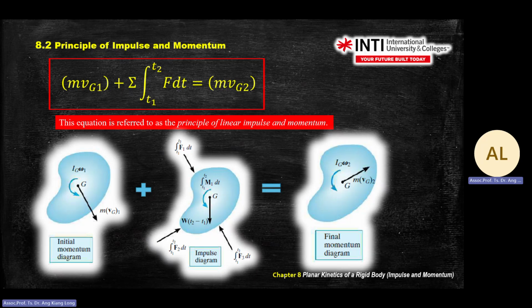The final one: if the question asks what happened at the end of the process, usually you only need to know the velocity, where the velocity goes, and the rotation direction, omega. These two parameters, omega and V, you need to find.